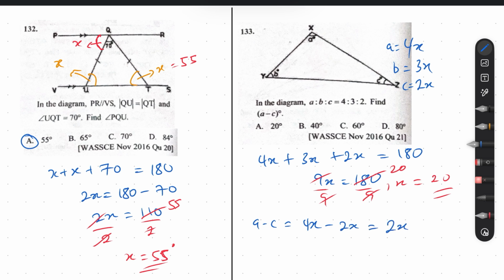But we know that our x is 20, so we can put it in here. 2 times 20 gives us 40. So A minus C is equal to 40, which is B.